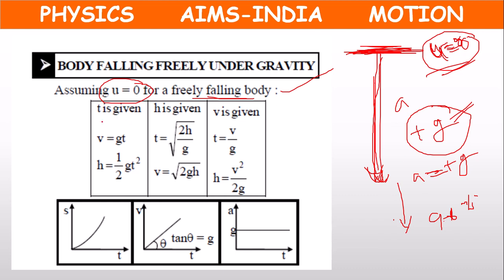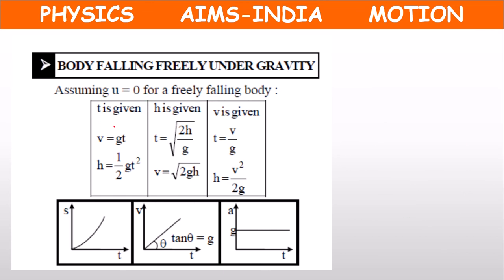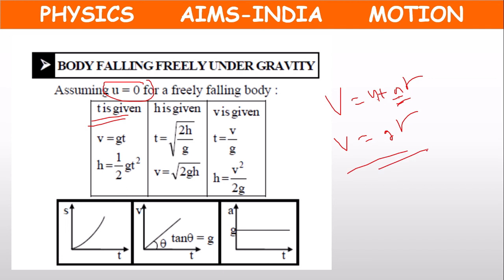So suppose t is given, we have the formula v equal to u plus at. For a freely falling body, u value is 0 and acceleration equal to plus g. So we have v equal to gt, direct formula for freely falling body.